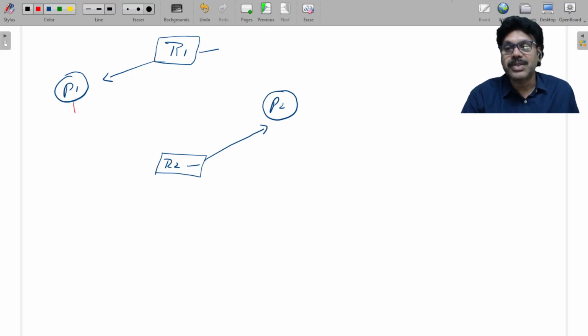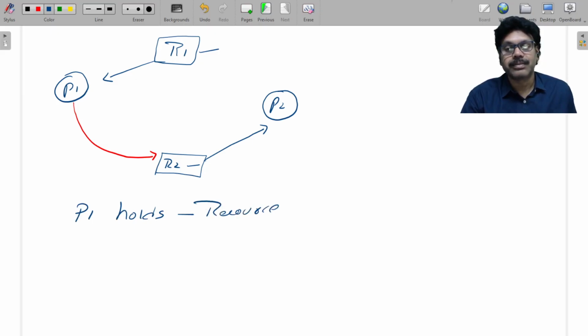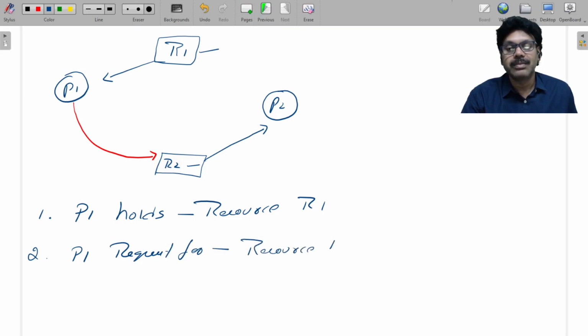So P1 is requesting for R2. Is it possible? We want to cross verify a small condition. What is the condition? P1 holds which resource? Resource R1. This is the first point. Second point, P1 requests for resource R2.